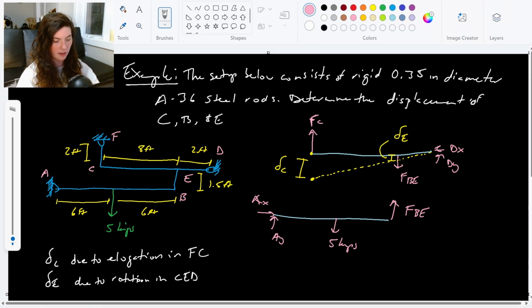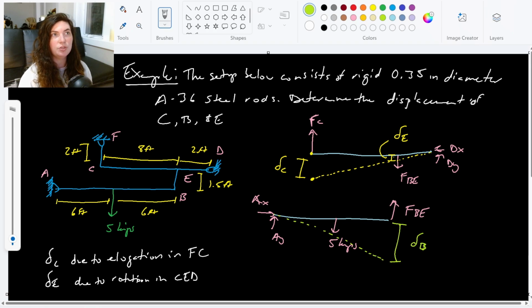So what I have is another set of displacements, right? This 5 kips is kind of pulling down that load. If I draw this triangle, it's being pulled down, where this is the displacement of point B. But we'll notice the displacement of point B isn't just due to this rod rotating.